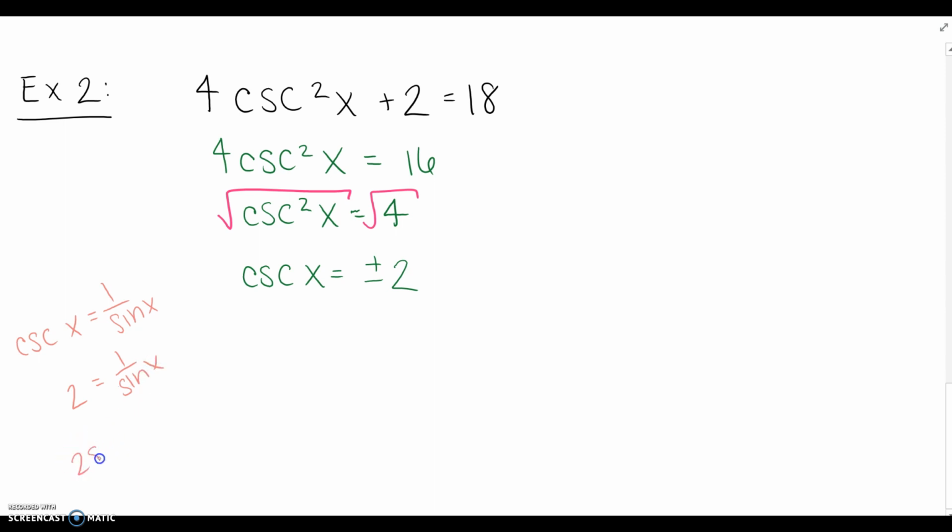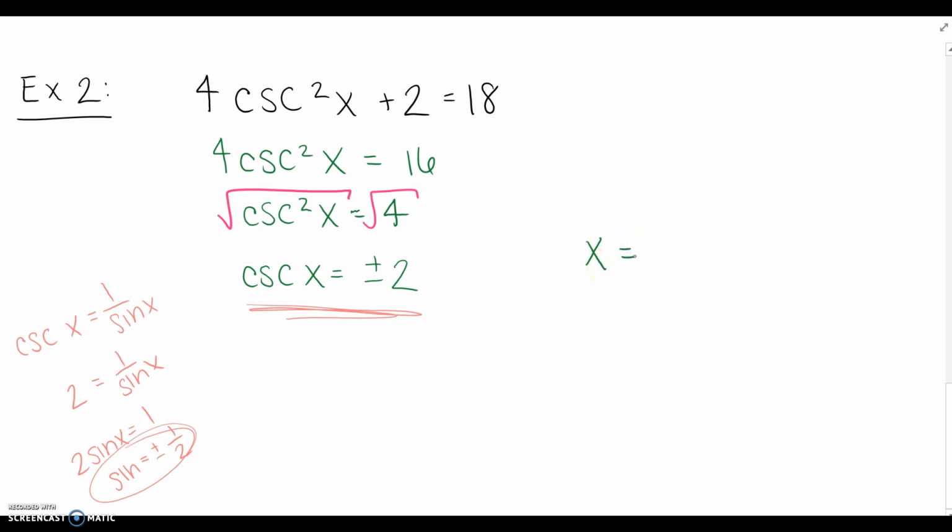Multiply both sides by sine. So sine, I'll just add in my plus or minus, is 1/2. And now this is the thought process when you're saying, when is cosecant positive or negative 2? That's the same as sine being plus or minus 1/2. So think of your unit circle, and what are all of those values?